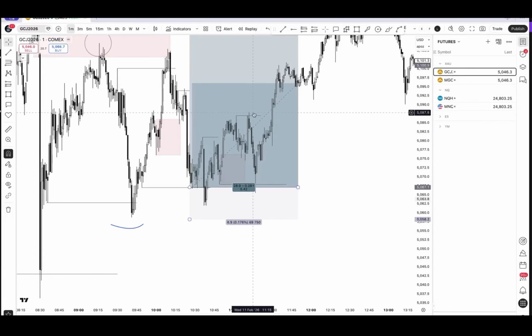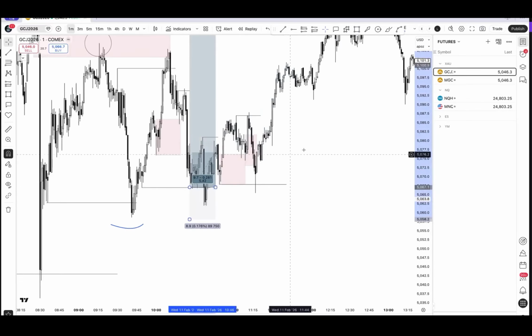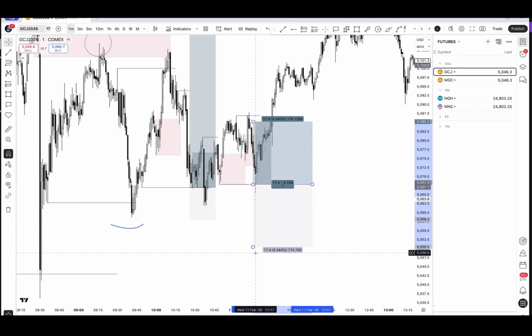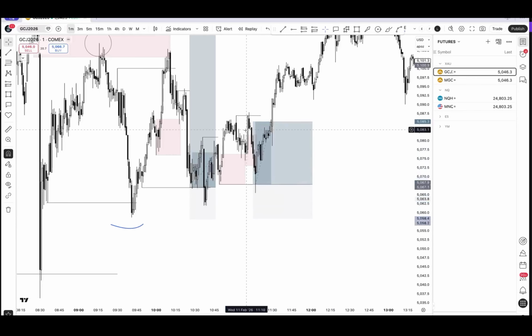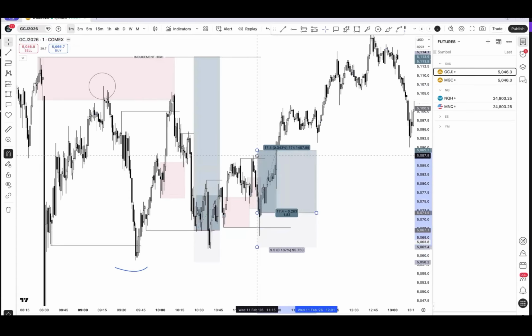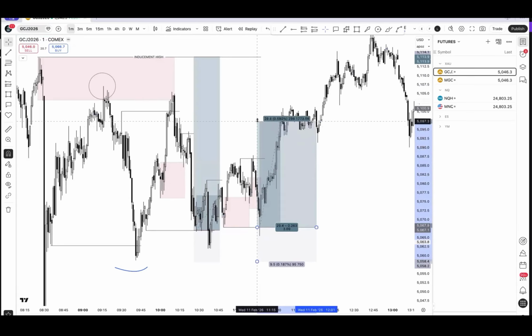Then we take out this high, inducing early buyers. What does that do? That induces buyers to want to buy here as well. They get trapped. So they get trapped there. Confirmation entry number 2. Me personally, this low could be taken, so I would just keep my stops below here. If I'm scaling, I'll just keep my stops below here because I'd rather be conservative.